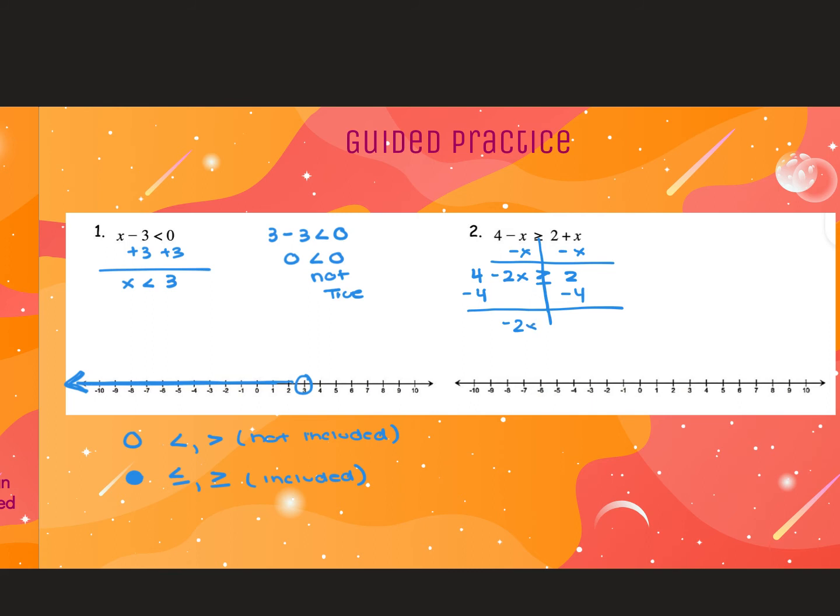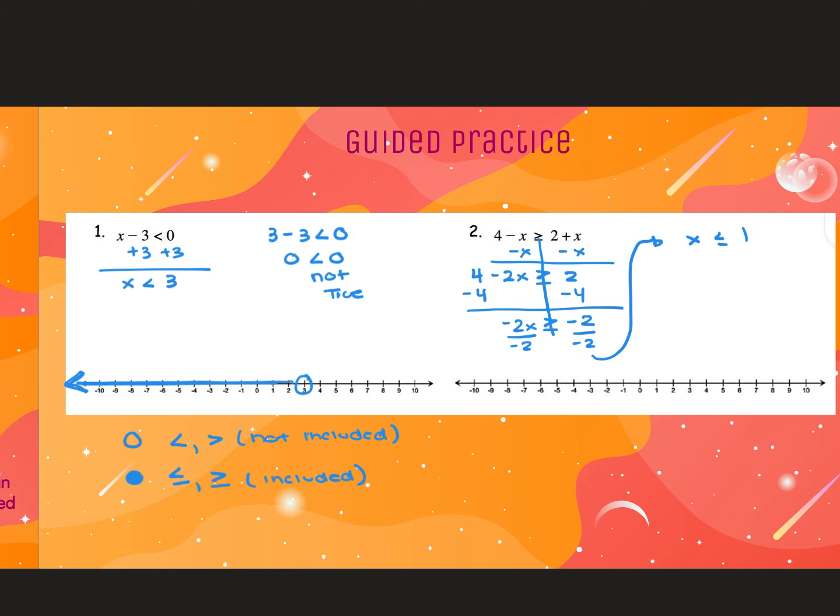I get -2x is greater than or equal to -2. Divide both sides by -2. I'm going to draw this arrow over here. And I get x is less than or equal to 1. And why is that? I flip my inequality sign around because I divided by a -2.